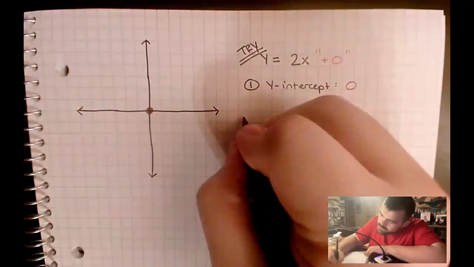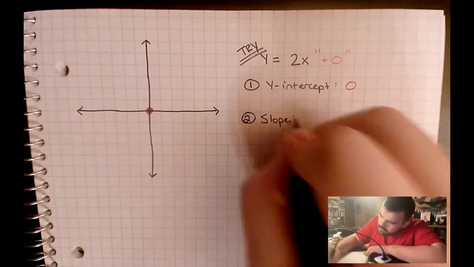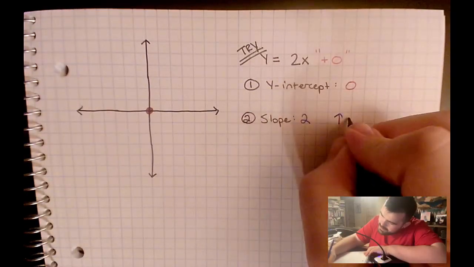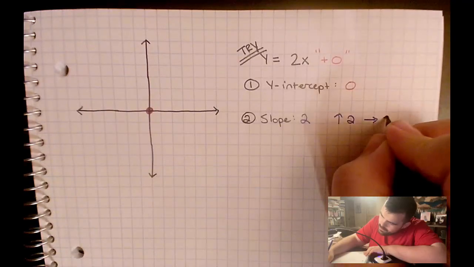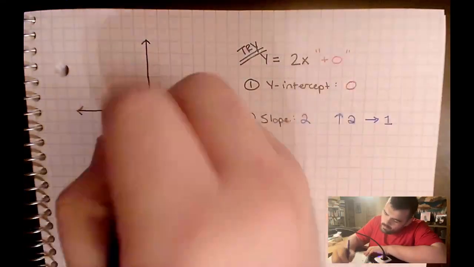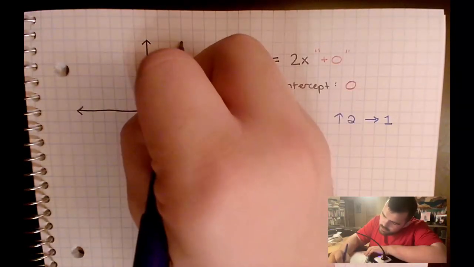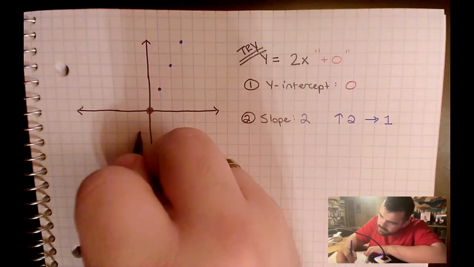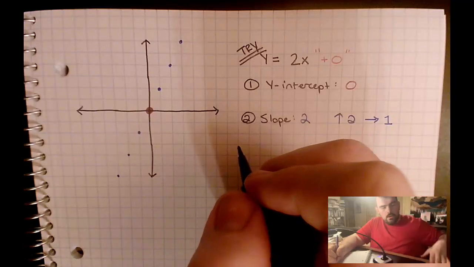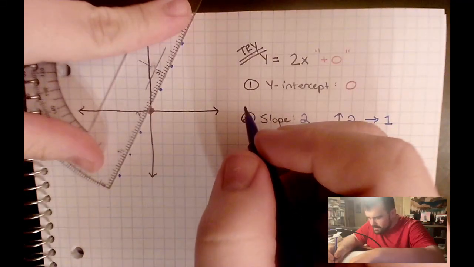Well, then we can use our slope of 2 to go up 2 steps and right 1 step. Make sure you're going up 2, but just 1 step right. So up 2, right 1, up 2, right 1, up 2, right 1, down 2, left 1, down 2, left 1, down 2, left 1. And then I will connect the dots.